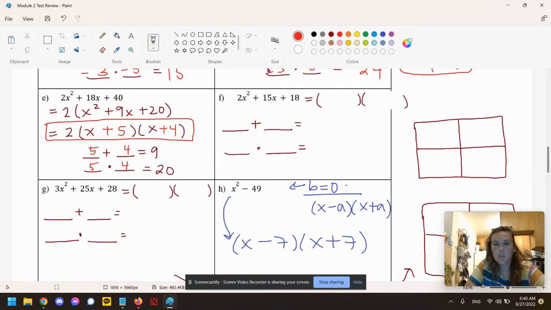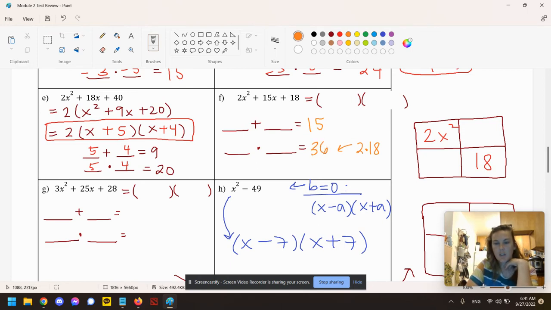Okay, if we look at our notes, step 1 was write the A term and the C term of our original question into this box. Step 2 was we want to find two numbers which add to 15 and multiply to A times C.